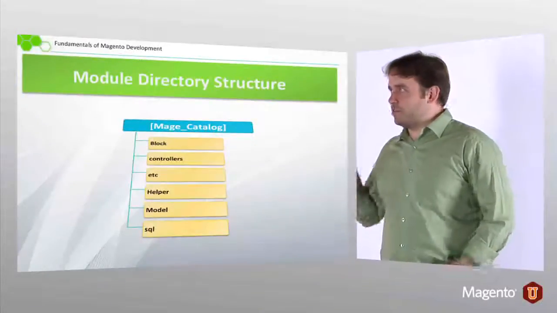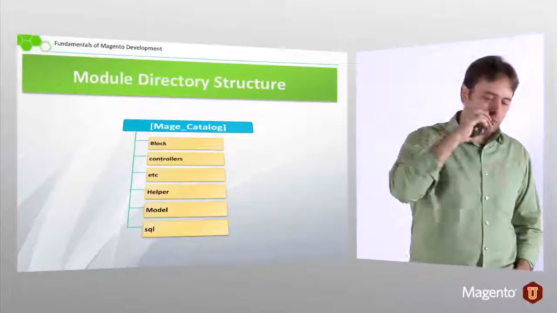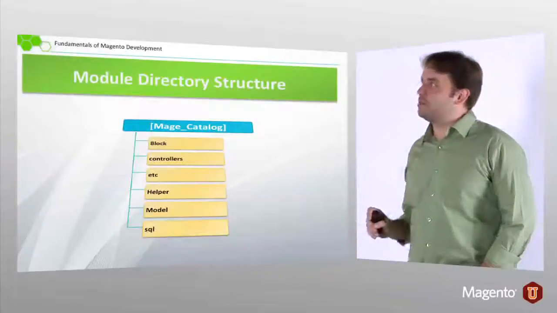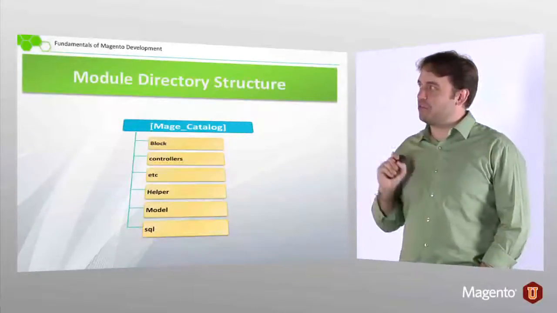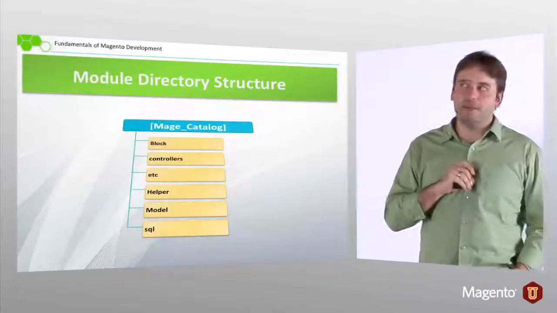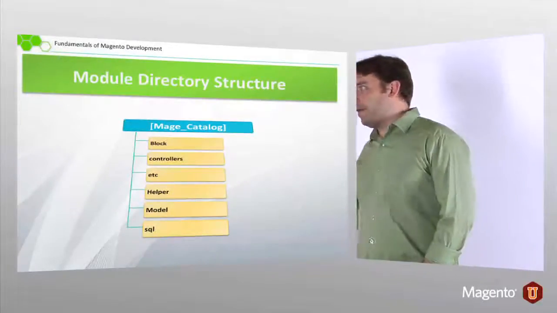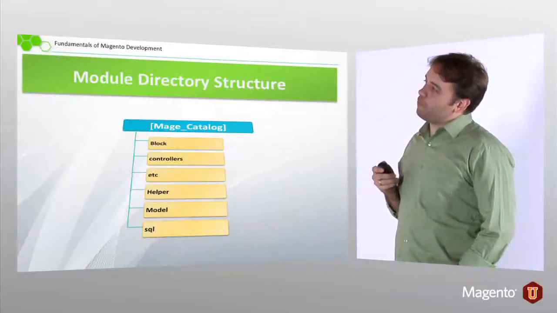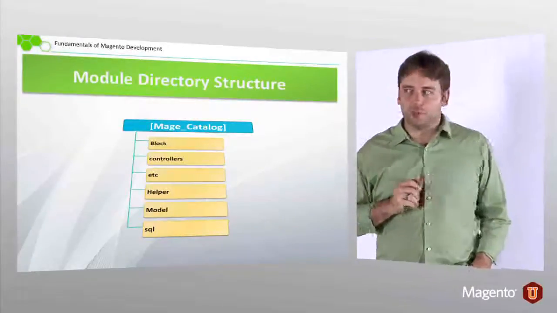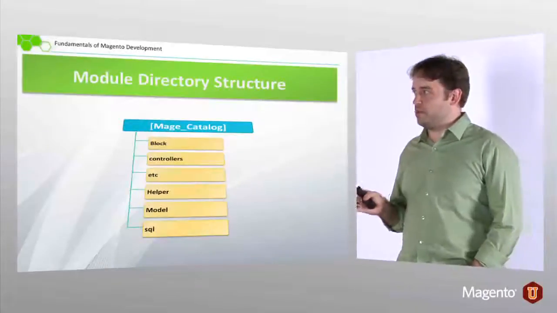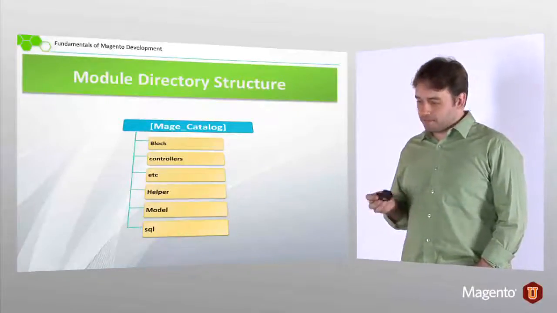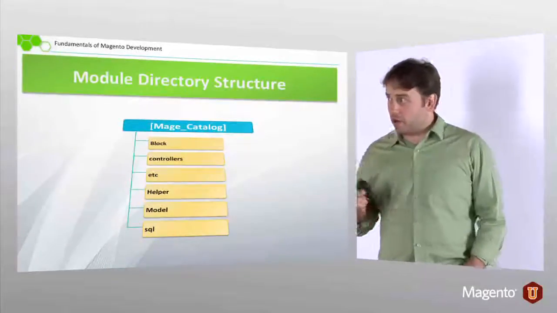It's time to look at what modules look like in the file system, and this is what you'll see pretty much every time you look at a Magento module. Now, for reasons that we'll get into when we look at the autoloader, there are a few files here that are convention-based, and a few that are configuration-based.